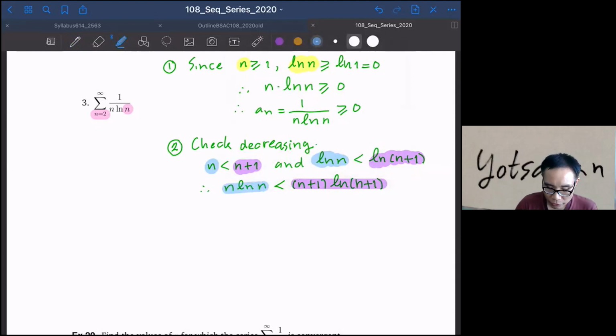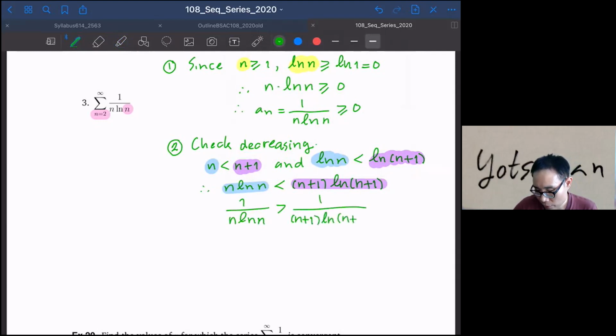And you flip these two numbers, so it's going to be 1 over n log n more than 1 over n plus 1 log of n plus 1.